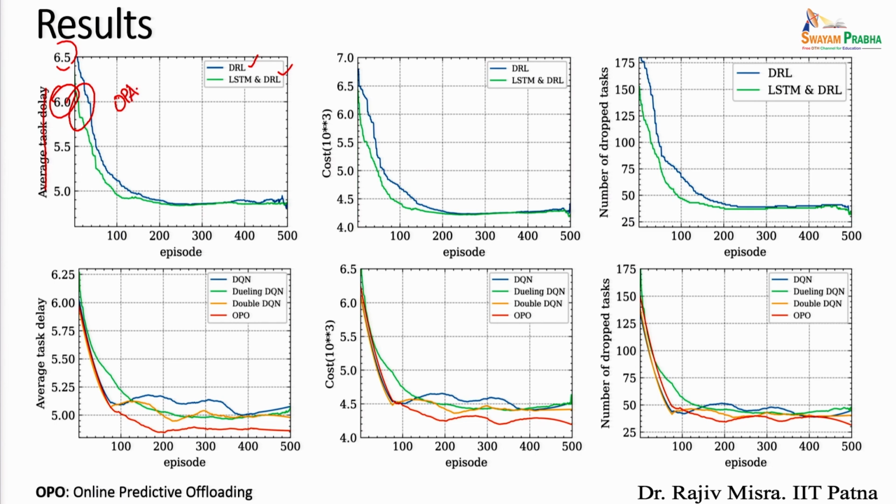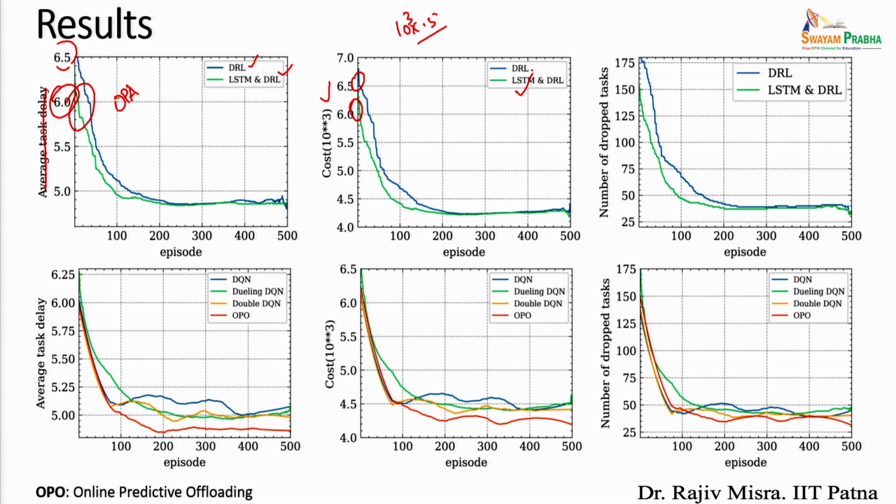Similarly, in the other cost function, cost reduction, the cost also is quite reduced here, in terms of 10 raised to the power 3 into 0.5. So, you can see that cost also is reduced by applying the LSTM based prediction with the deep reinforcement learning.